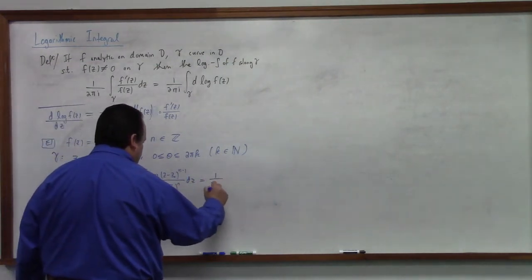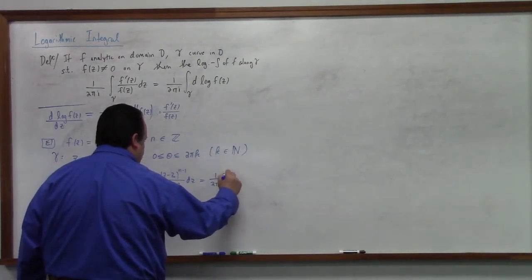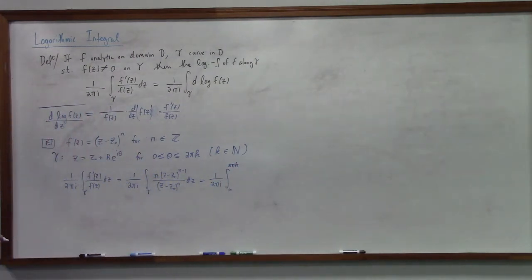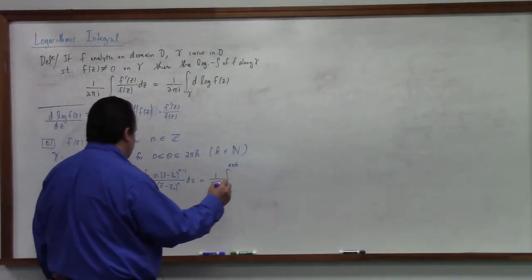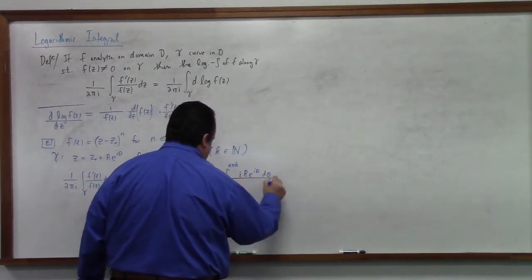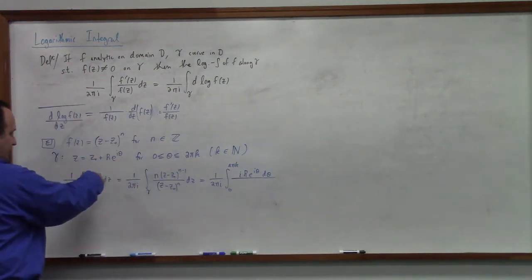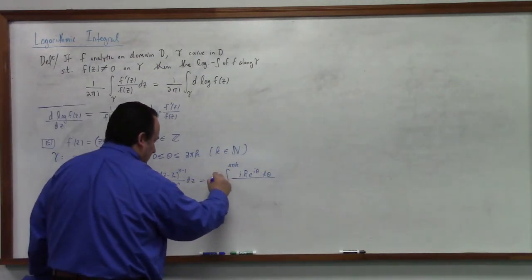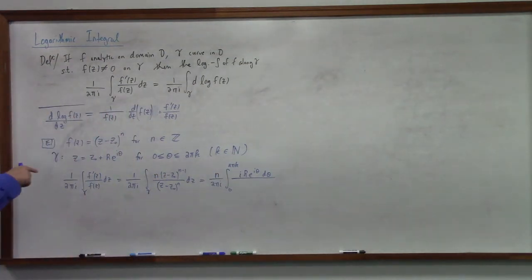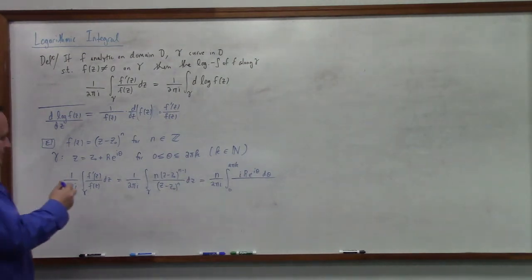We've got 1 over 2 pi i, integral from 0 to 2 pi k, and that just gives us 1 over z minus z naught, right? So what is dz? It's i r e to the i theta d theta, right? And don't forget the n. The n minus 1 upstairs and the n downstairs just leaves me 1 over z minus z naught, which leaves me r e to the i theta.